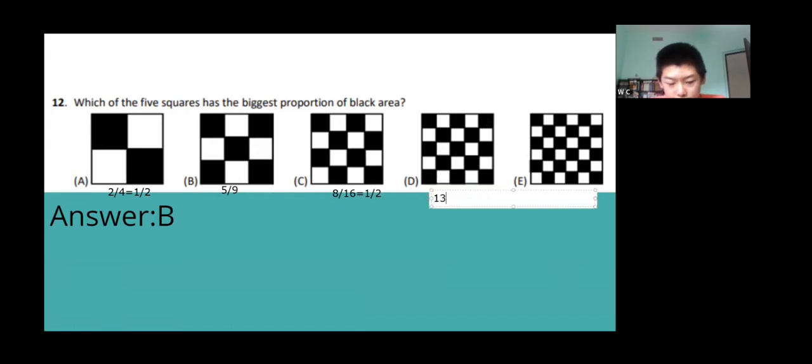This is 13 over 25. This is 18 over 36, which equals 1/2. So the greatest out of these is 5/9. So therefore the answer is B.